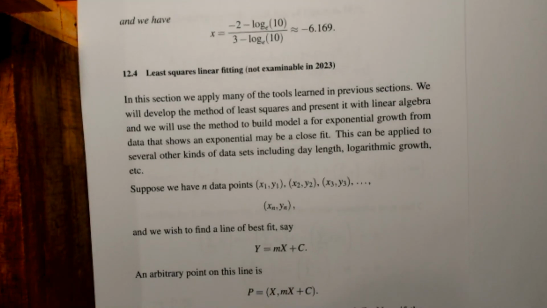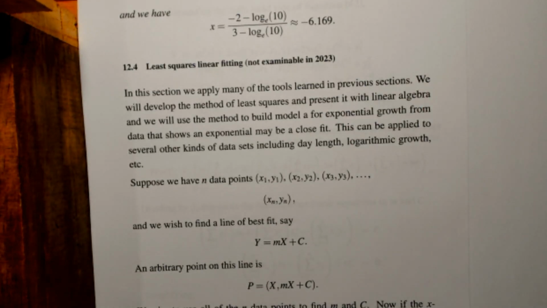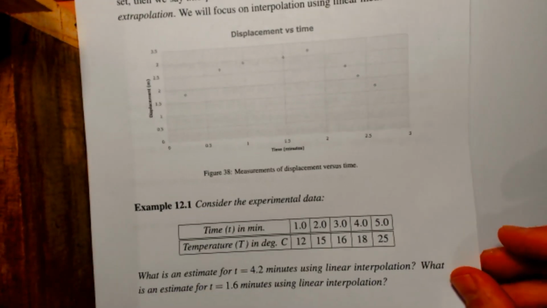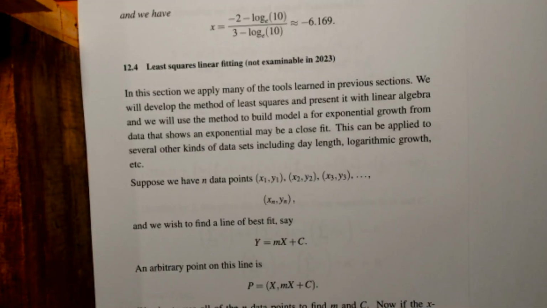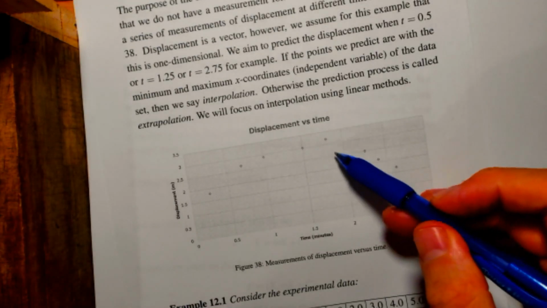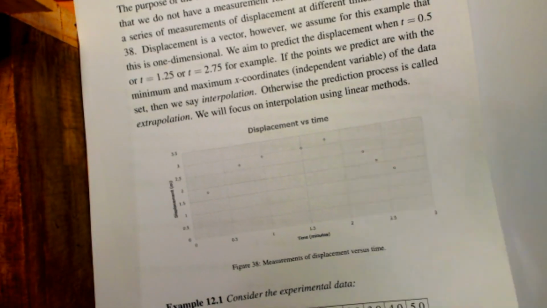Now I said I wasn't going to cover least squares. It's not examinable this year. But it's really an interesting way, and a better way than interpolation or extrapolation, to get a model for just a collection of data like this, because the outliers are not so seriously affecting your prediction.